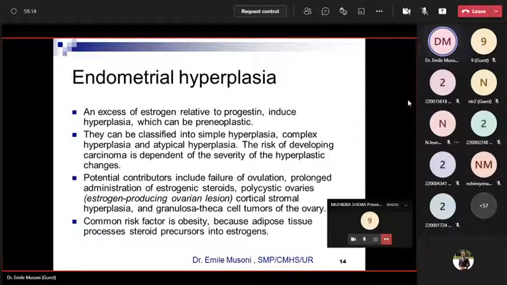The common risk factor is obesity, because adipose tissue processes steroids into estrogen. But this is the risk; the common cause is not well identified. But what you must know is that endometrial hyperplasia in menopause is a high risk of having endometrial carcinoma. So when you see bleeding in menopause, please pay attention. It must be considered a high risk of cancer.